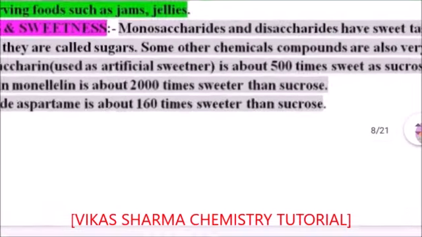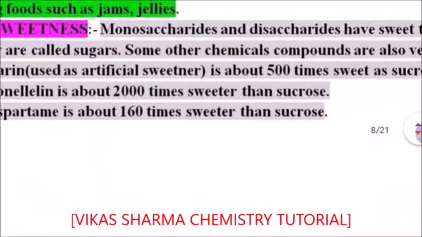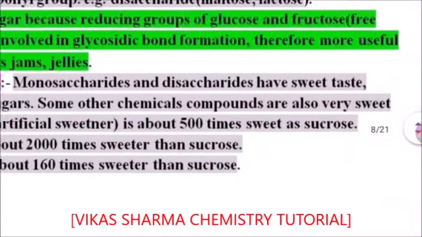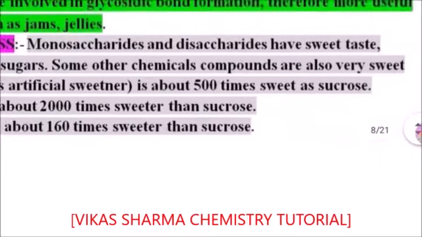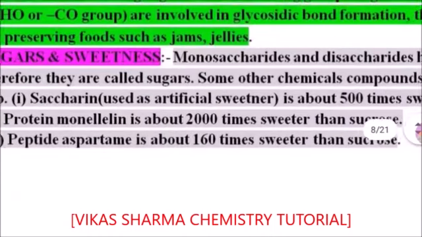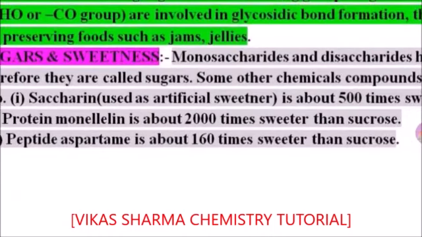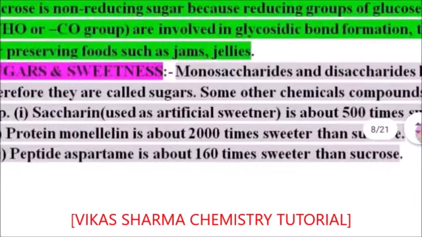So students, a point about sweetness and the sugars. Monosaccharides and disaccharides have a sweet taste, therefore they are called sugars. Some other chemical compounds are also very sweet. For example, saccharin, used as an artificial sweetener, is about 500 times as sweet as sucrose.